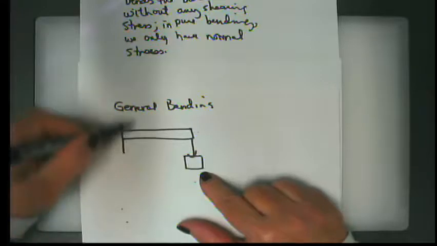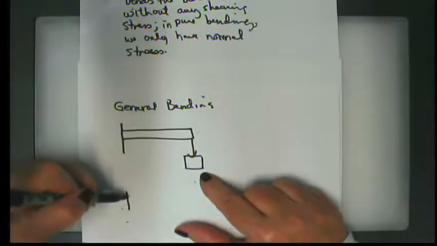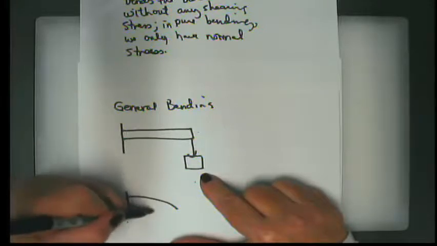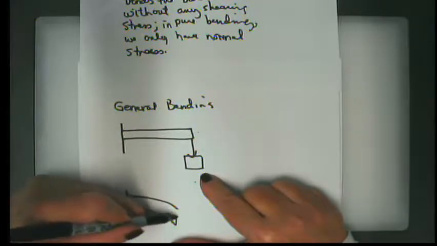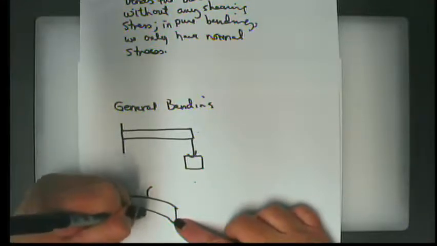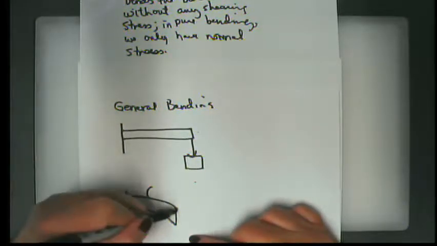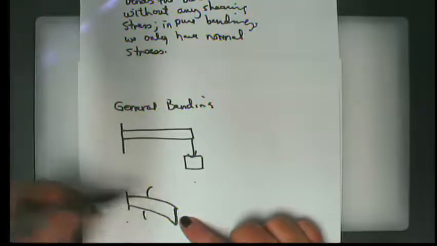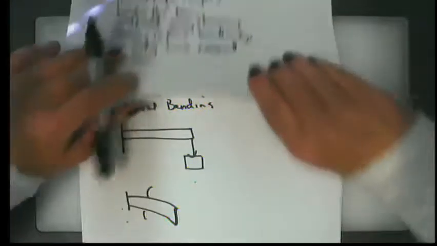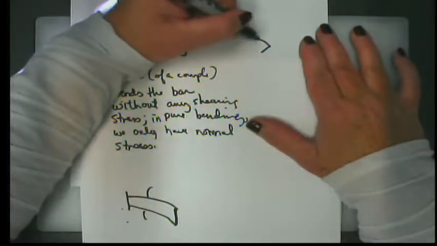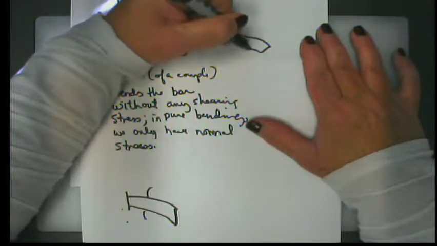In this more general case, the circular surfaces are not concentric, and the end of the structural member remains straight, whereas in pure bending, the end remains curved like this.